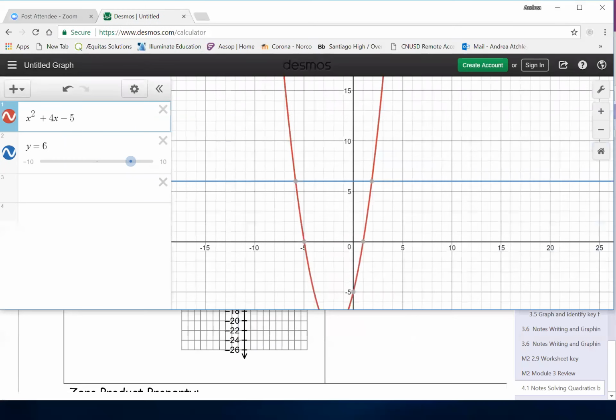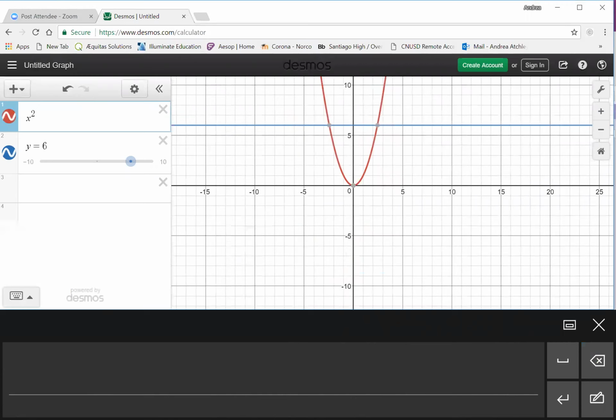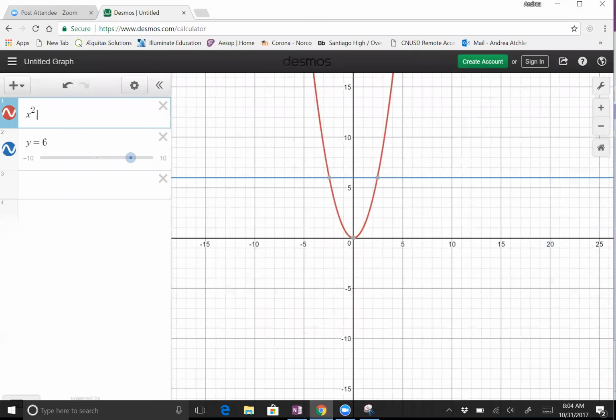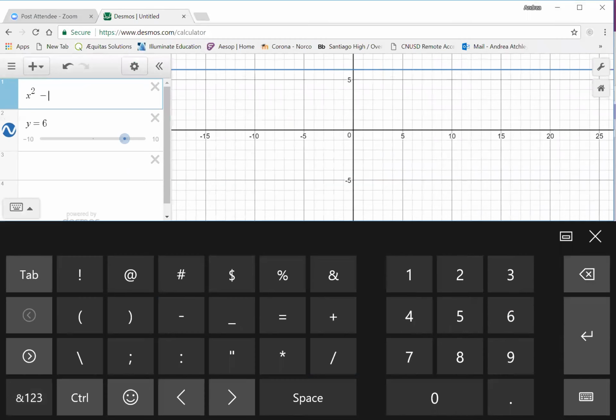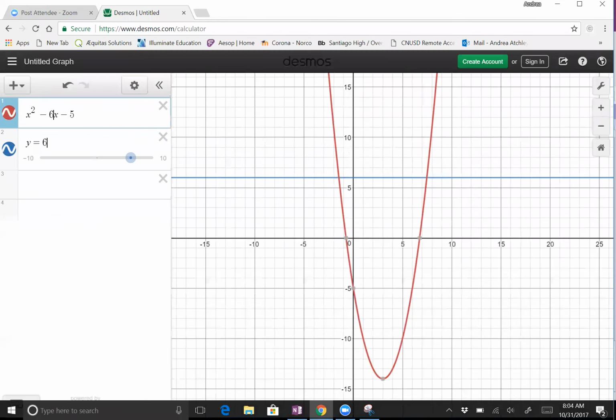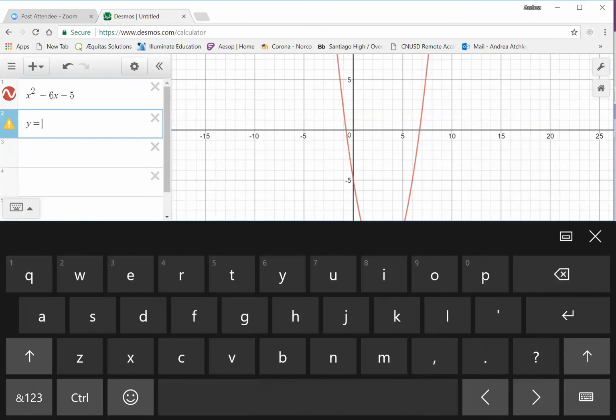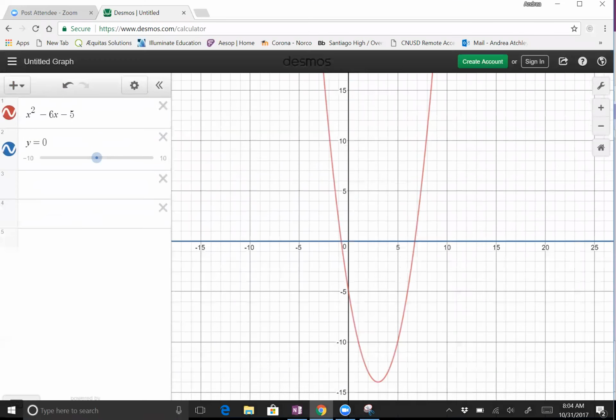We're going to change this to x squared minus 6x minus 5. And this time we want y equal to 0.